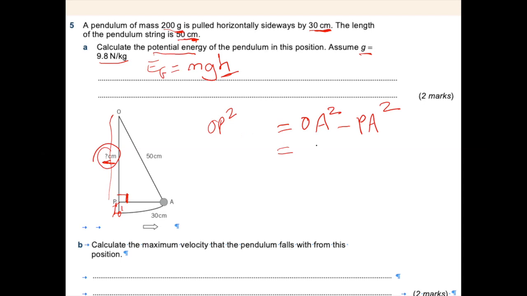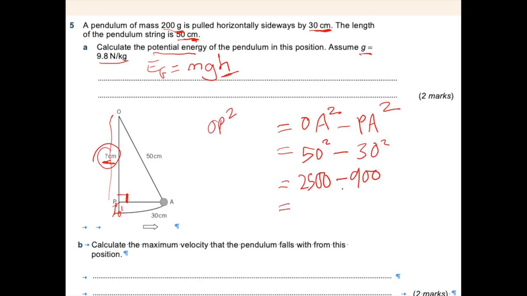Sub the numbers in. So OA squared, 50 squared, minus PA squared, 30 squared. It's going to equal OP squared. So let's calculate those. 50 squared is going to be 2,500, minus 30 squared, which is 900.